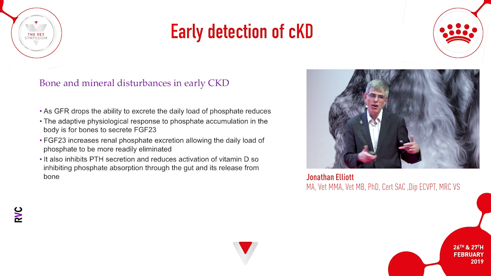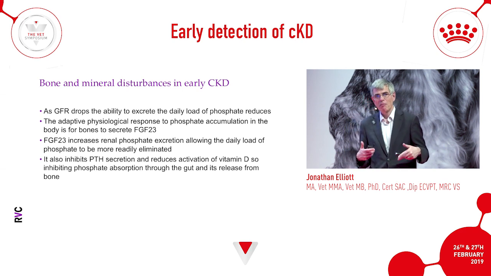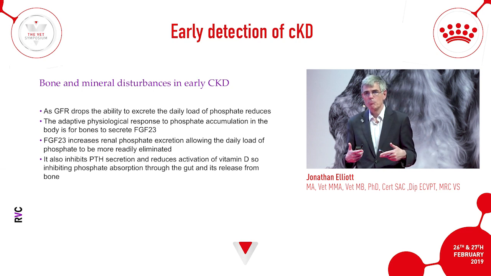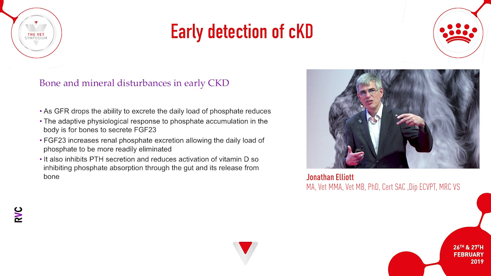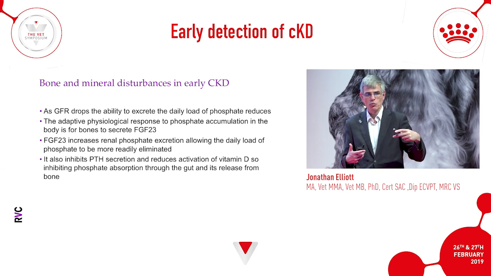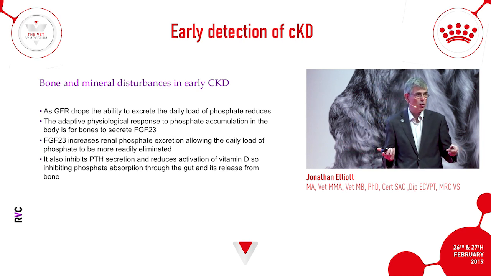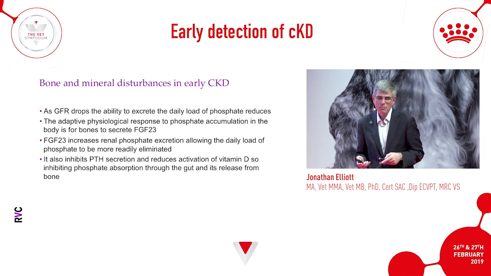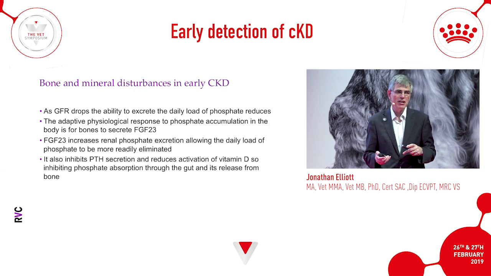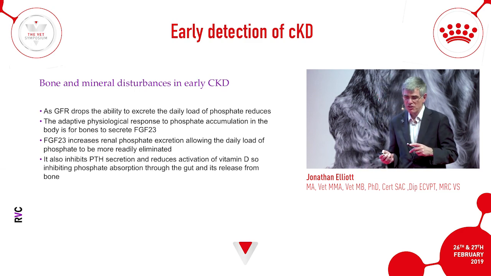And it does that without bringing more phosphate out of bone. Once this adaptation becomes maladaptive, then it brings PTH up, and PTH is bringing phosphate out of bone as well, which compounds the problem. But the earliest change that we see is in this hormone called FGF23.